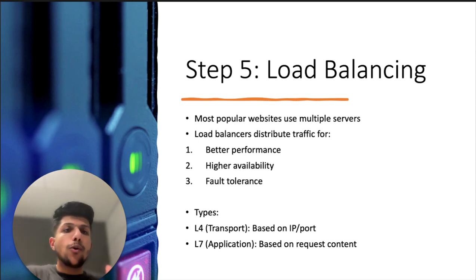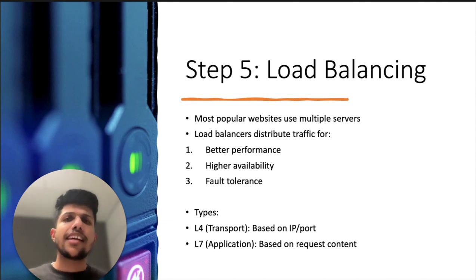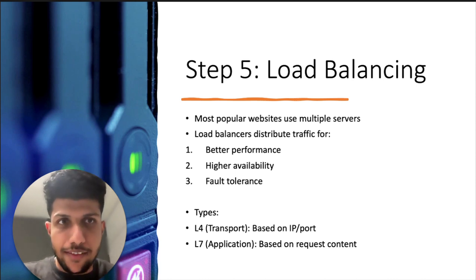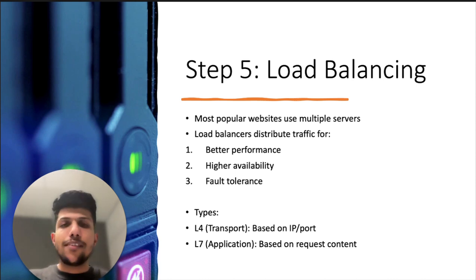Then the next step is load balancing. If there is a popular website, suppose Netflix, Google, Facebook, these websites use multiple servers because obviously a single server could not handle all the traffic that is coming, right? So for that we use load balancers.